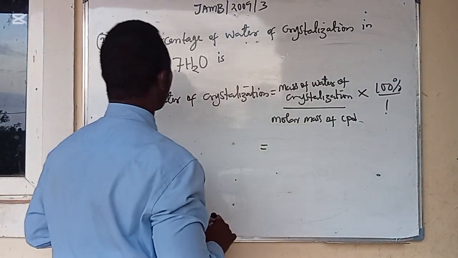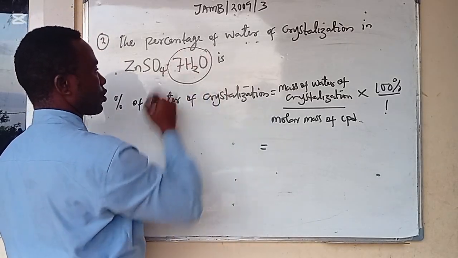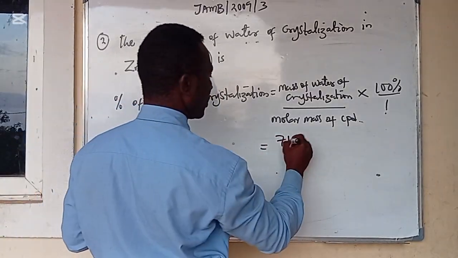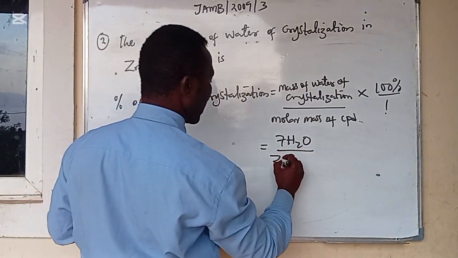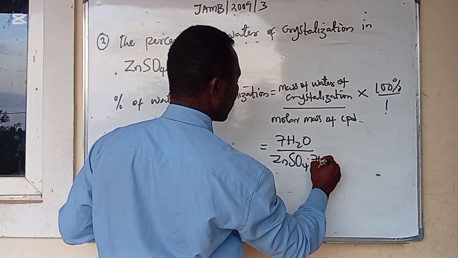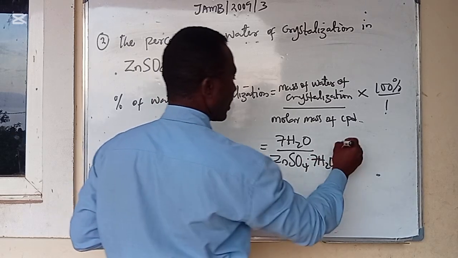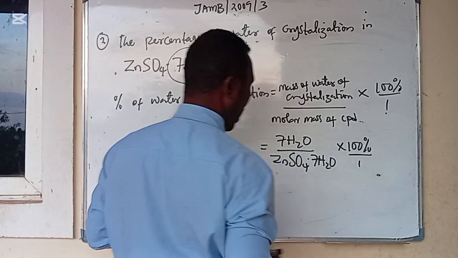This will be equal to, how do we get the mass of water of crystallization? The totality of this, that is 7H2O, over the molar mass of the compound, which is ZnSO4.7H2O, then times 100% over 1.